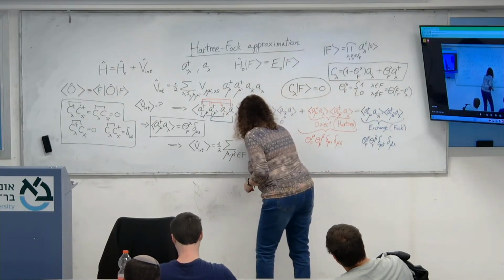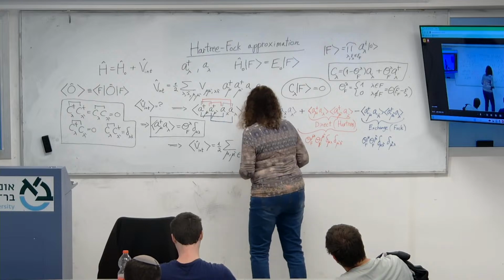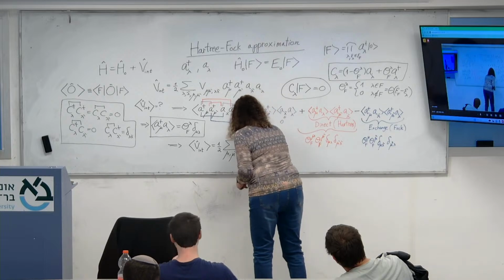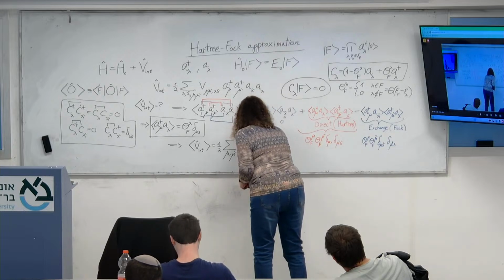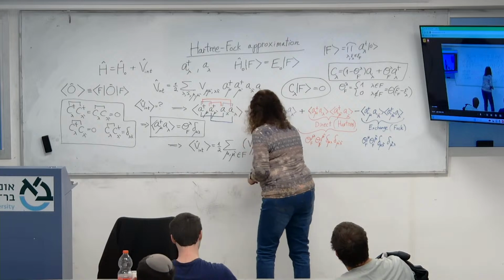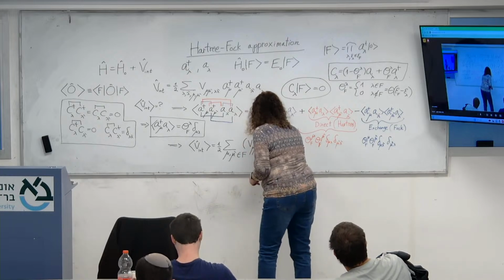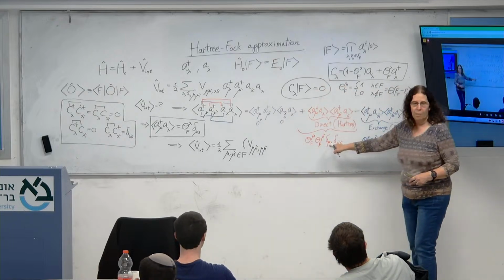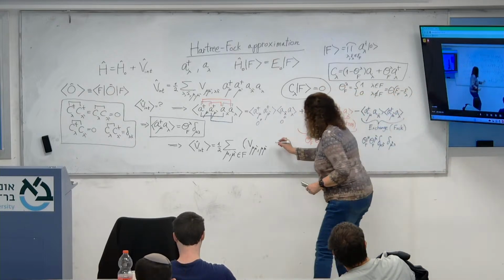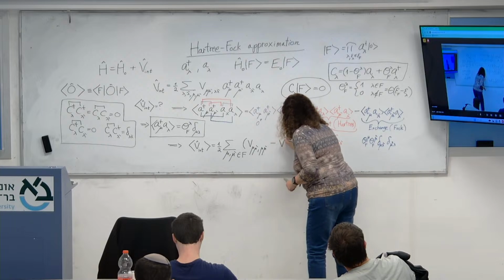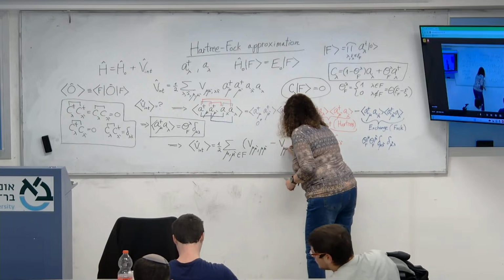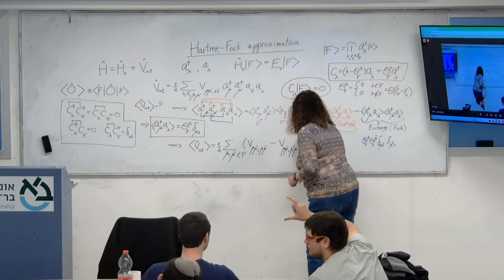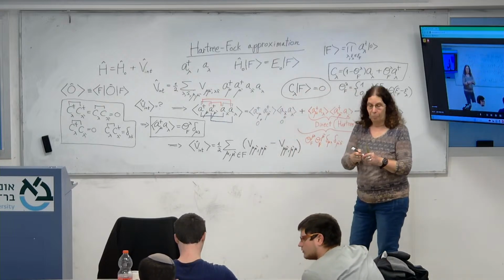And then I have the difference between two matrix elements, V mu mu prime, mu mu prime. Here I use the deltas, okay? Minus V of mu mu prime, mu prime mu, okay?